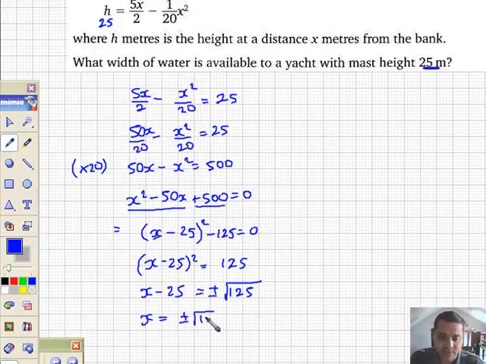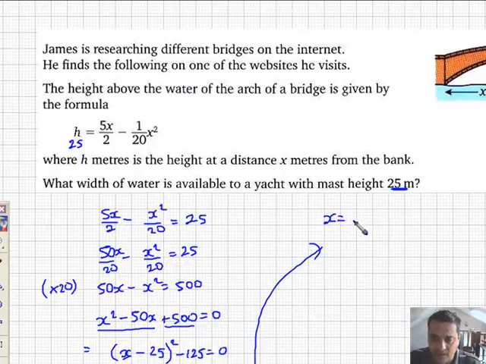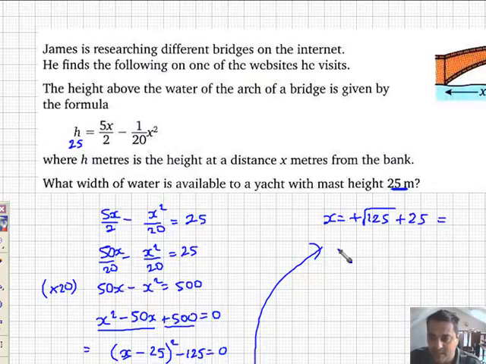It'll be plus or minus root 125 plus 25. Let's just work up here where there's more space. Pick up my calculator. My two solutions are the positive square root of 125 plus 25. Get my answer in a minute. And the negative root of 125 plus my 25. And these are my two answers.